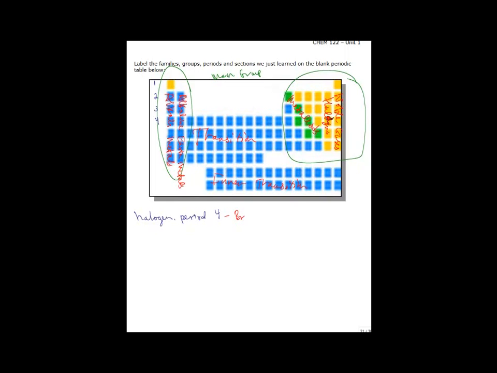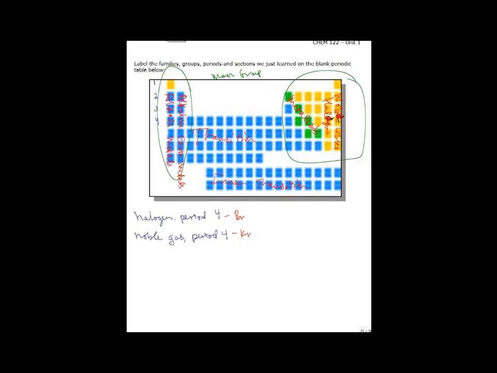If I asked you another question, noble gas, period 4. So noble gas, same period. So that one would be right next to bromine. It would be krypton.